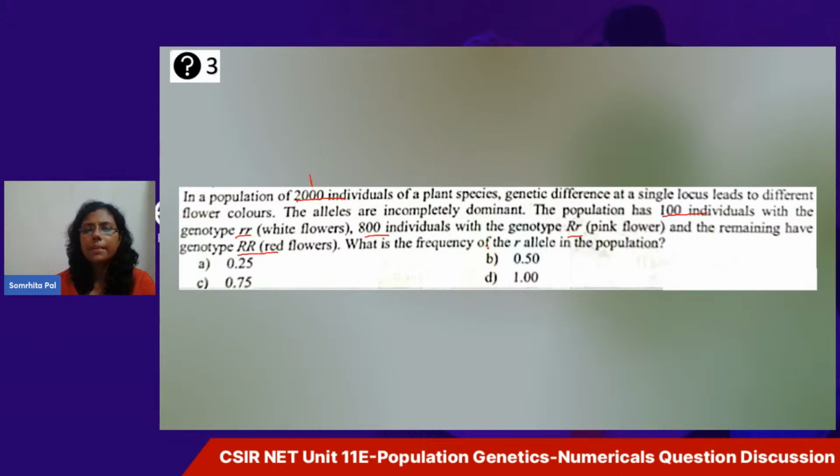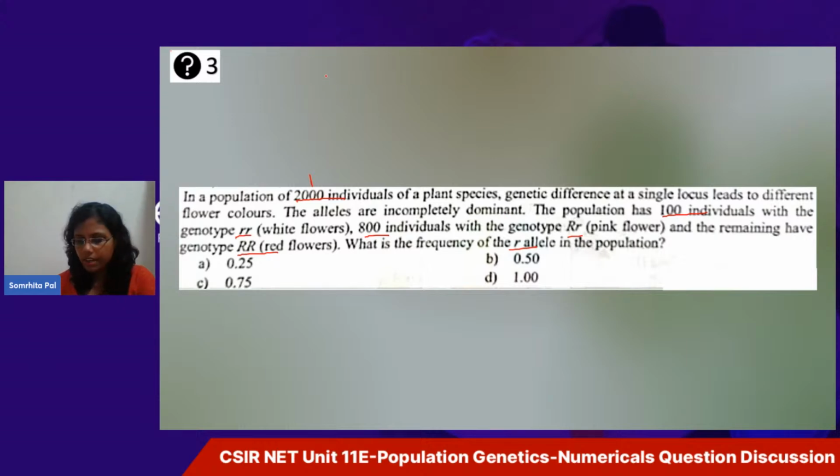Okay, so from here they are asking you to find out the frequency of small r. So they have used many things. Population of 200 individuals, red color, white color, incomplete dominant, many things they have used, but you have to select the information which is required by you.